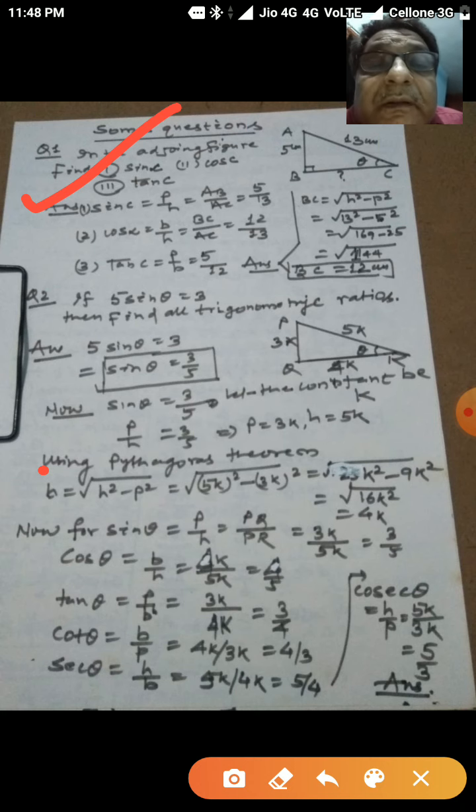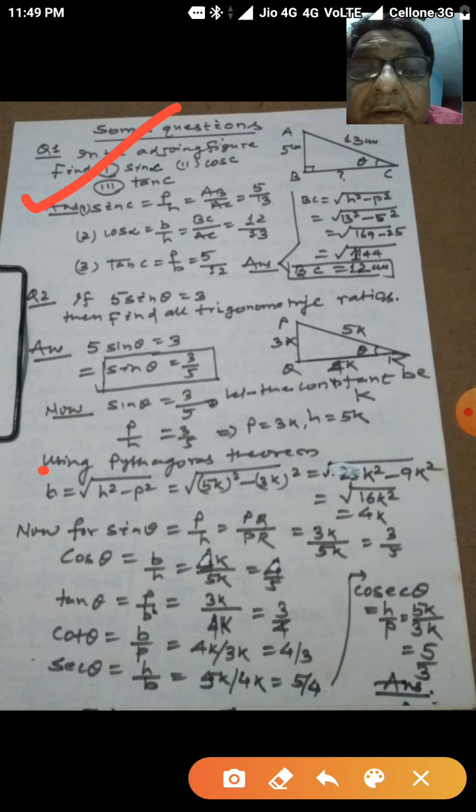Now we take another question, which is: given 5 sin theta equal to 3, find all trigonometric ratios. Here it is given that 5 sin theta equal to 3, so we find sin theta equal to 3 by 5. But we know in sin theta it is P by H, so this implies that P by H is equal to 3 by 5.